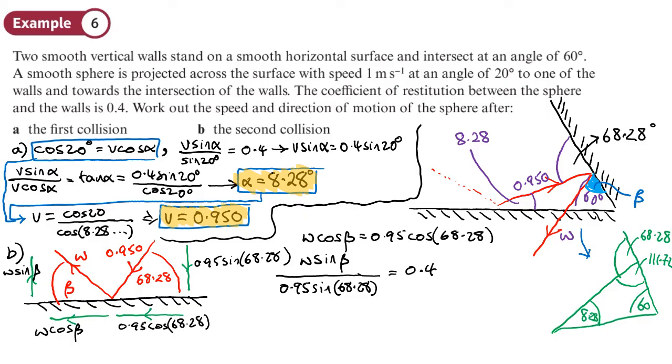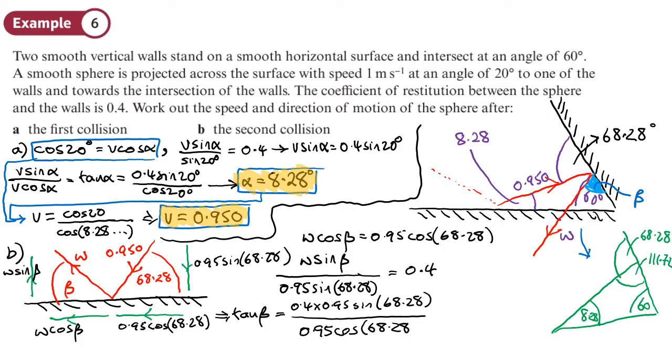So if I do W sine beta divided by cos beta, so that's tan beta, so I don't need to put all the other bits in, you know what I'm doing now. That will be the W sine beta, which is 0.4 times by 0.95 sine 68.28 divided by W cos beta, which is 0.95 cos 68.28.